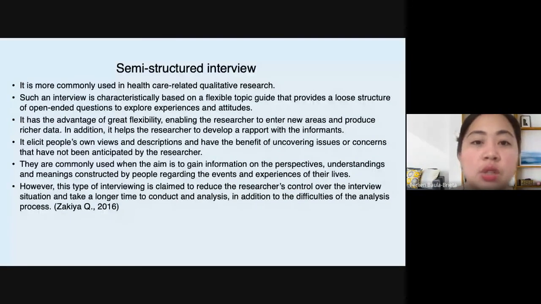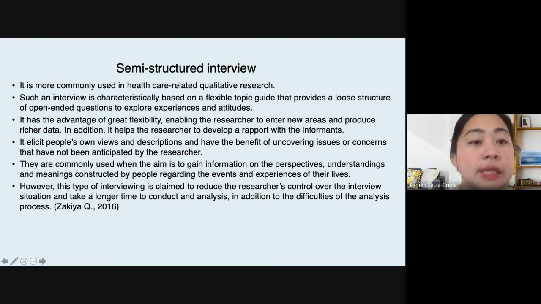That would be very good to explore experiences and attitudes. This semi-structured interview has the advantage of great flexibility, enabling the researcher to enter new areas and produce richer data. So it helps the researcher to develop a rapport with the informants.